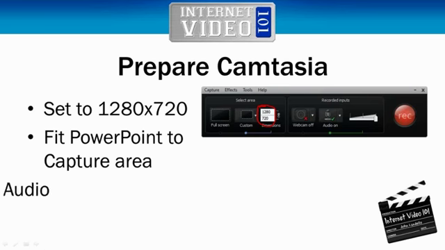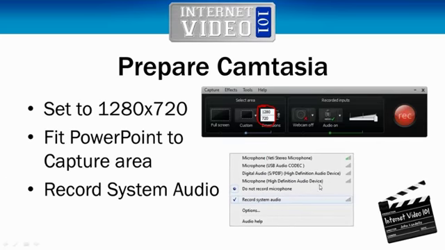The other thing that we want to do is record system audio. To do that, we come over here where it says audio, where the microphone is. If this has got a cross against it, by the way, just click it, and this will pop out and you'll be able to click this drop down and select record system audio. Depending on the configuration of your PC, this option may be grayed out.